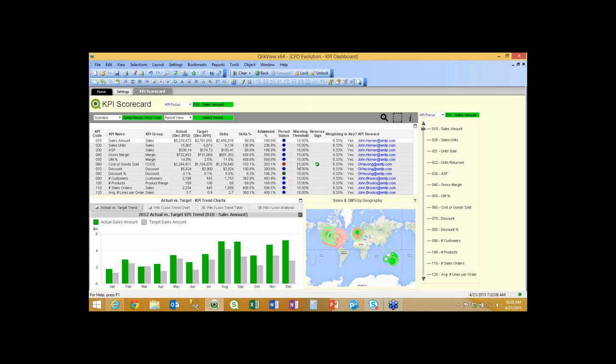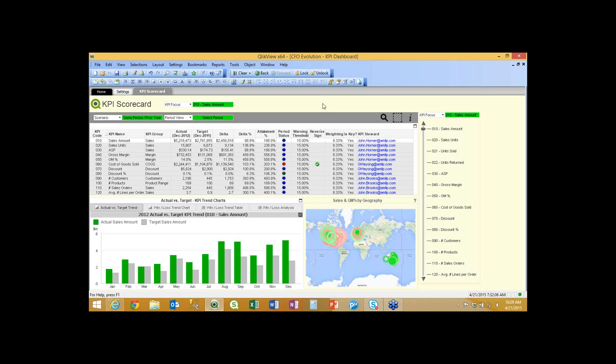So again, just to call out that behind the scenes there is a little bit of data that needs to be looked at here in order to get to those statuses. We have an example here. It may be a silly example in this case, but of course we need to understand that for some KPIs, being above your target is not a good thing.